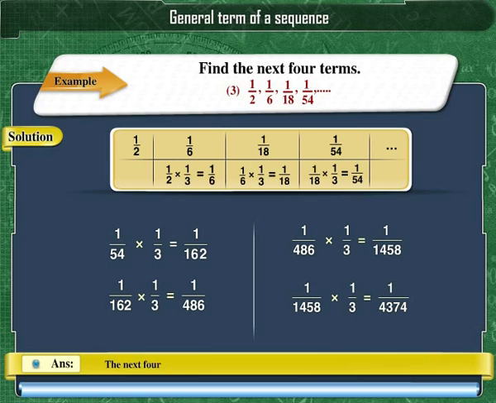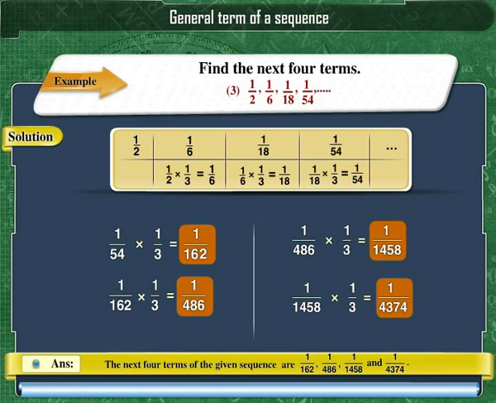Therefore, the next 4 terms of the given sequence are 1 upon 162, 1 upon 486, 1 upon 1458 and 1 upon 4374.